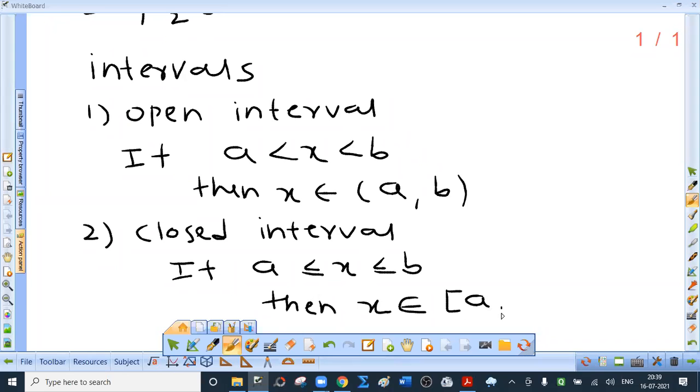Now the convention is, don't ask me why this bracket only, this is the convention. So rectangular bracket stands for closed interval. Means what? Can x be equal to a? Yes. Can x be equal to b? Yes. So extreme values belong to the interval, closed interval. If extreme values do not belong to the interval, it is called an open interval.